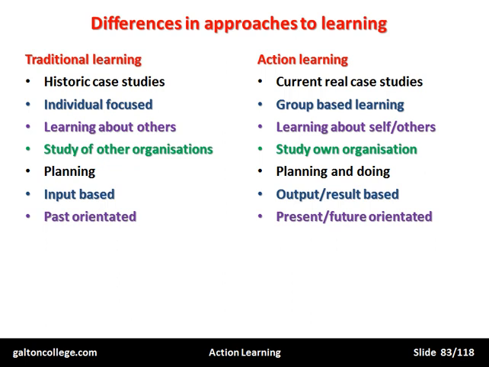Whereas action learning is looking at the present. There's an issue now, right now, that needs to be fixed. And that issue generates an experience for the people working on it. And they develop solutions. And they're looking to apply those solutions in similar circumstances in the future.